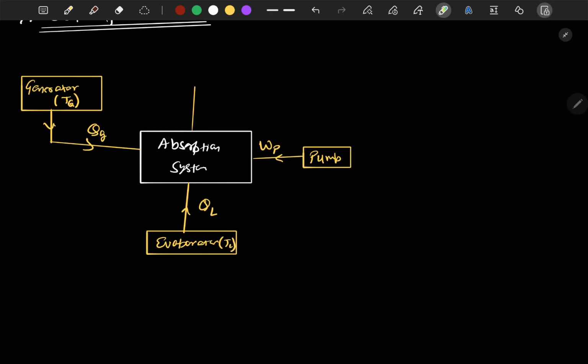After absorbing all this, it supplies heat QC to the condenser at TC. I hope you understood this point.